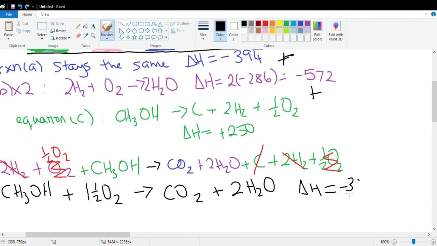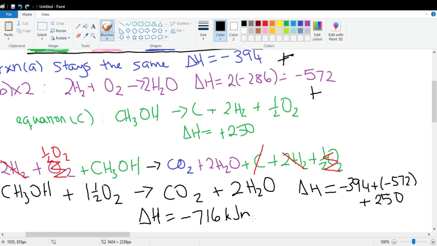So it's minus 394 plus minus 572 plus the 250 for reaction C. So in total, our delta H value for this is equal to minus 716 kilojoules per mole. So we've added the reactions together to get our final equation down here, and then we've added together the delta H values to give us an answer of minus 716 kilojoules per mole.